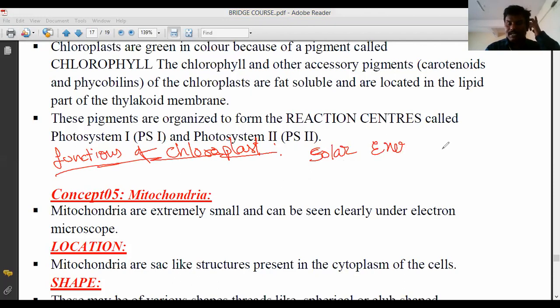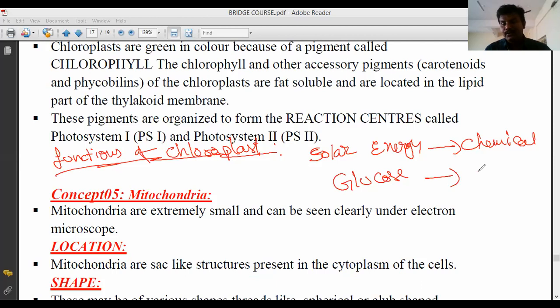Chlorophyll molecules absorb solar energy and convert it into chemical energy, which helps to synthesize glucose, which will be converted into starch in the green leaves. Okay, this is the explanation about the functions of chloroplast.